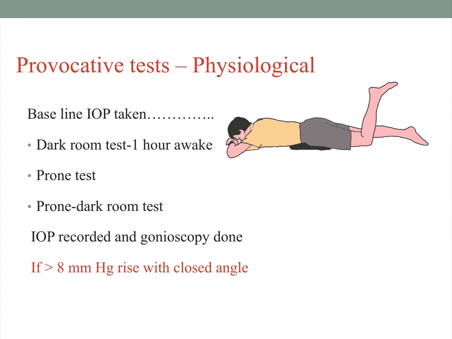After 1 hour, the intraocular pressure is again recorded. The patient may be asked to lie prone and again the IOP is recorded after 1 hour. If the intraocular pressure increases more than 8 mm with closed angle on gonioscopy, that is suggestive of primary angle closure suspect.